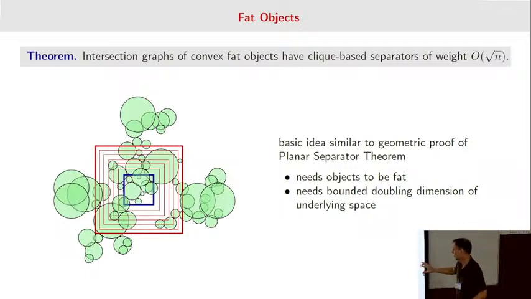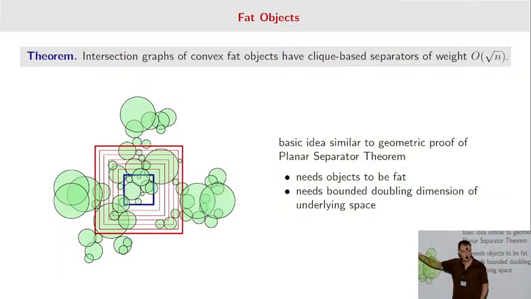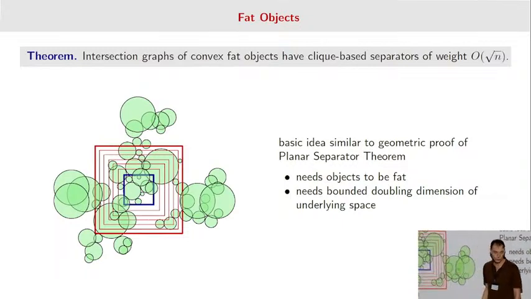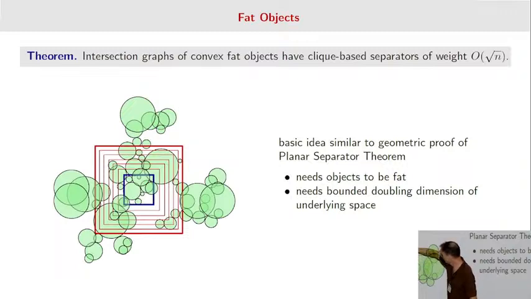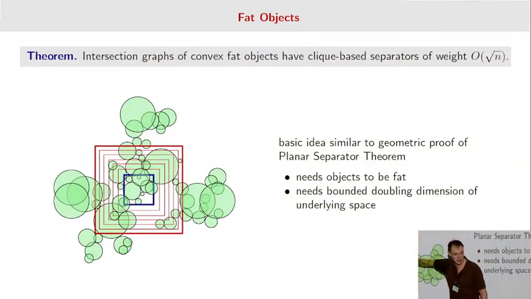You also need bounded doubling dimension of the underlying space, because to argue that this was balanced, I was saying, oh, take this small square, blow it up by a factor 3, now partition into 9 pieces of the same size as this, and then each of these pieces contains only a few things.